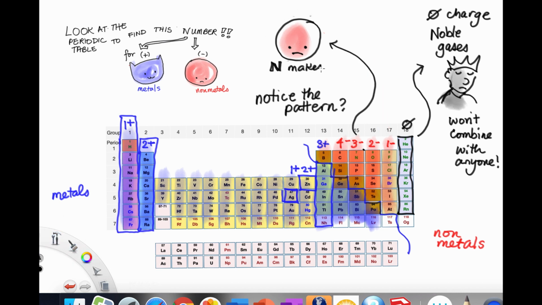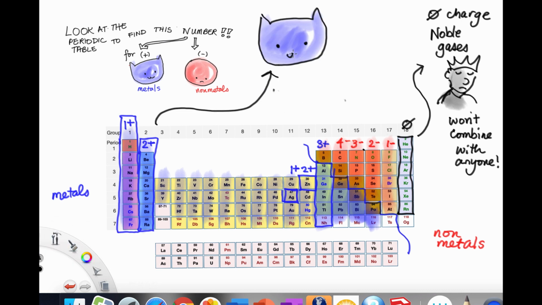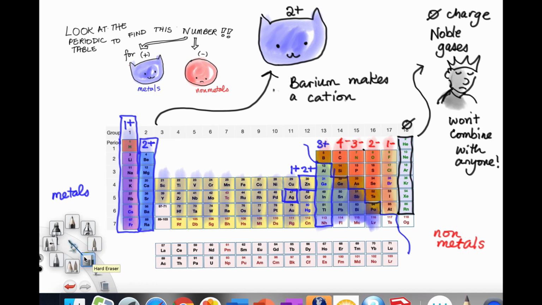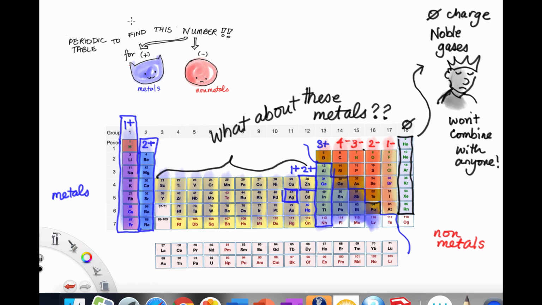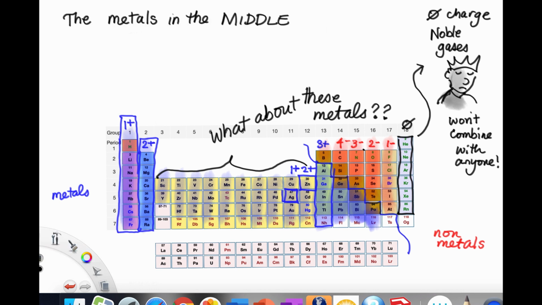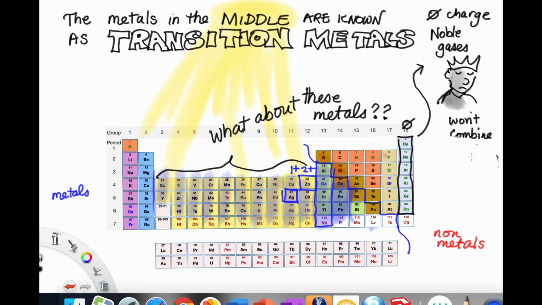So fluorine will make a -1 charge, and nitrogen will make a -3 charge. And for example, barium would make a 2+ charge. But what about everything in between? The metals in the middle don't follow the same pattern. They are called the transition metals.